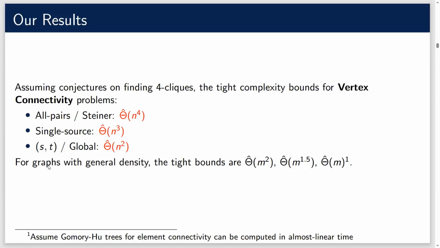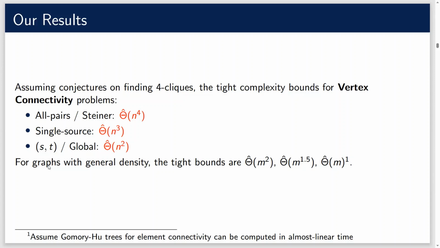I will mention our results on vertex connectivity problems below. For all pairs and ST connectivity, the bound is omega hat n to the 4, which is the exact complexity.